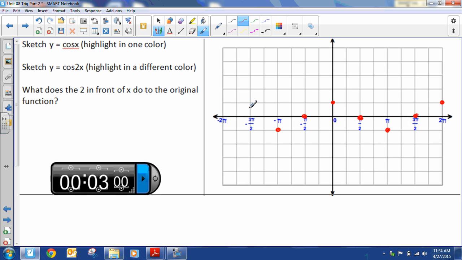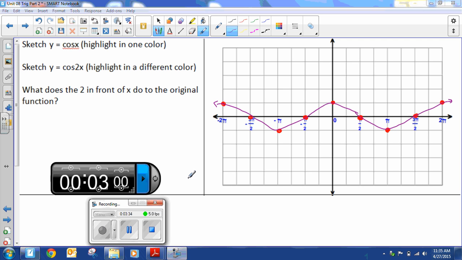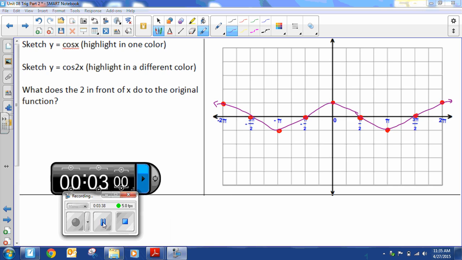Same thing for the negative side, follows the same pattern. Whoops, this goes here, oops, that's not going to work. I'll just use the eraser. And there we have it. Let's connect these. And there we go. This is what cosine of x looks like, or cosine of theta.